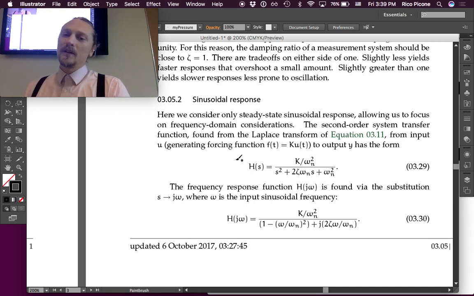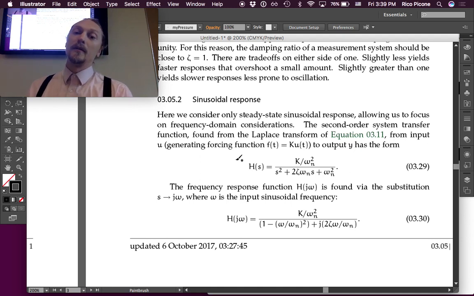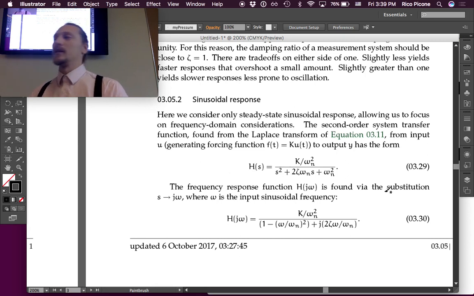The second order system transfer function, found from the Laplace transform of equation 3.11, which is just the input-output differential equation, from input u, generating forcing function f equals ku, to output y, has the form shown here. So this is the transfer function for the second order system.